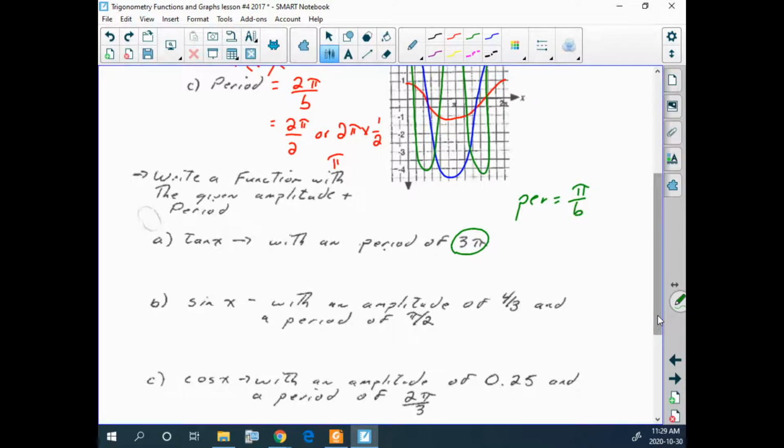For tangent, our equation or our concept is we take the original pi of tangent for our period and multiply it by 1 over b. Well, we know this is 3 pi equals pi over b.